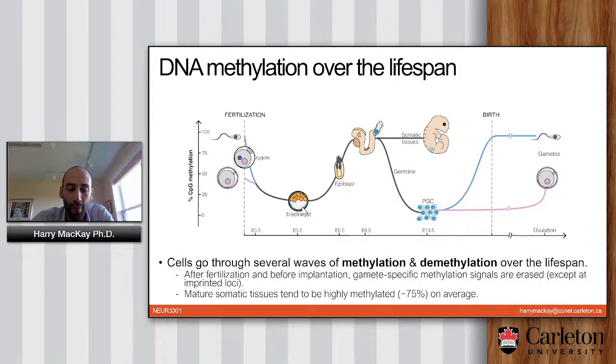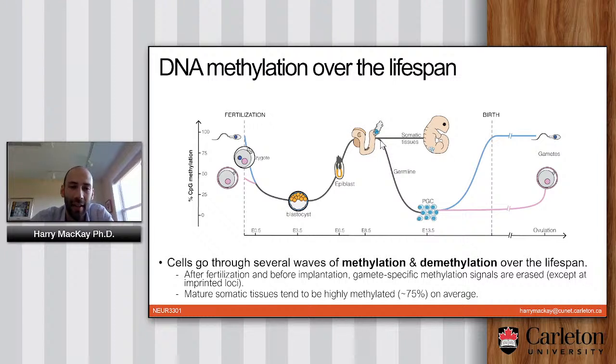However, as you go through embryonic life and begin to differentiate, the methylation level gets higher and higher until, by the time you're about 8.5 days old, it reaches a state that's fairly highly methylated and roughly equivalent to what it will be in your somatic tissues for your entire life. It's between 75 and 80% in most cells and in most places.